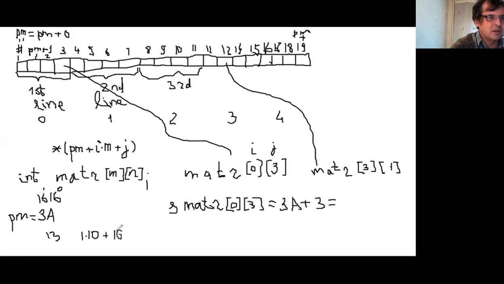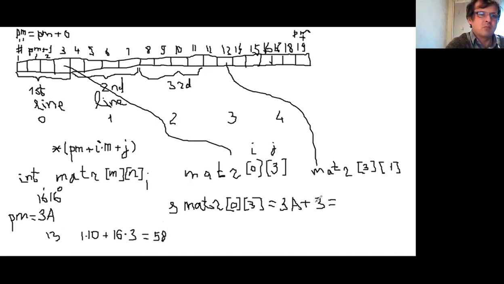So 16 times 3, it is not 13 at all. 16 times 3 is 48. 48 plus 10 it is 58.